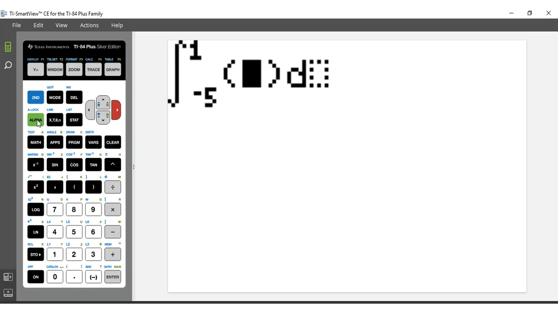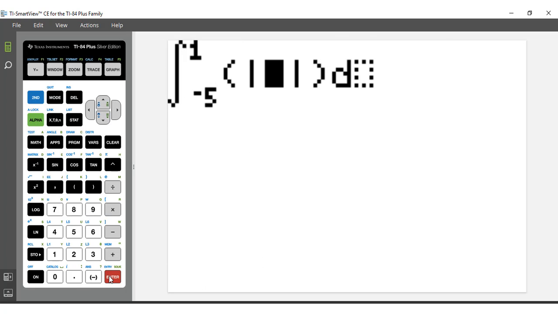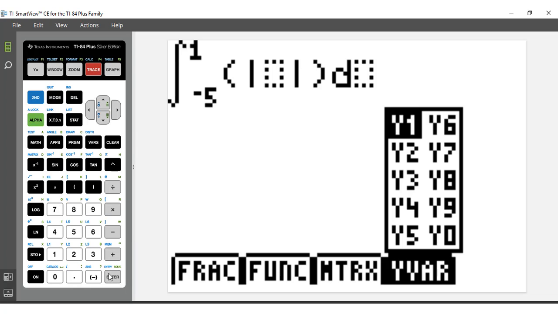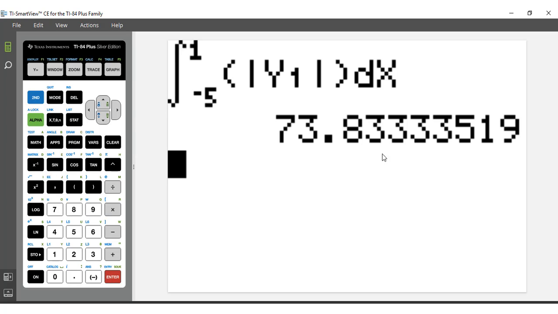Then absolute value, math, number, here. Because we already put the function into y1, we do alpha trace y1. Then go to this dx, enter. You will get this answer.